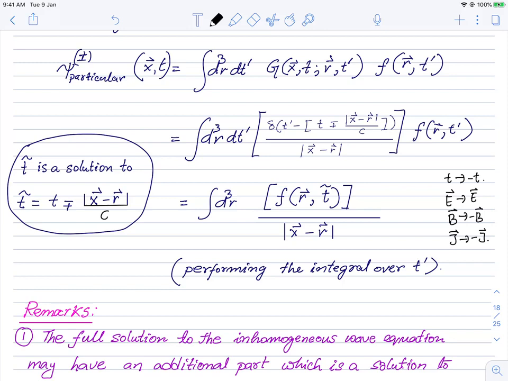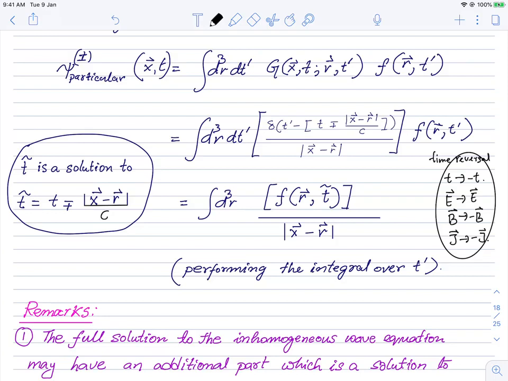Because if the charge is moving in one direction, then if you reverse time, it starts moving in the other direction. This is called the time reversal symmetry of Maxwell's equations. Under this time reversal symmetry, Maxwell's equations remain invariant.